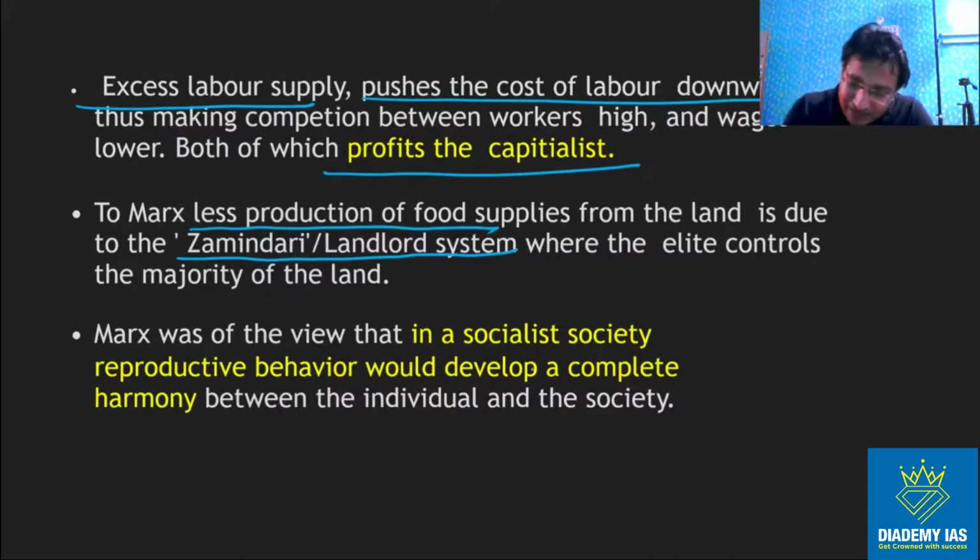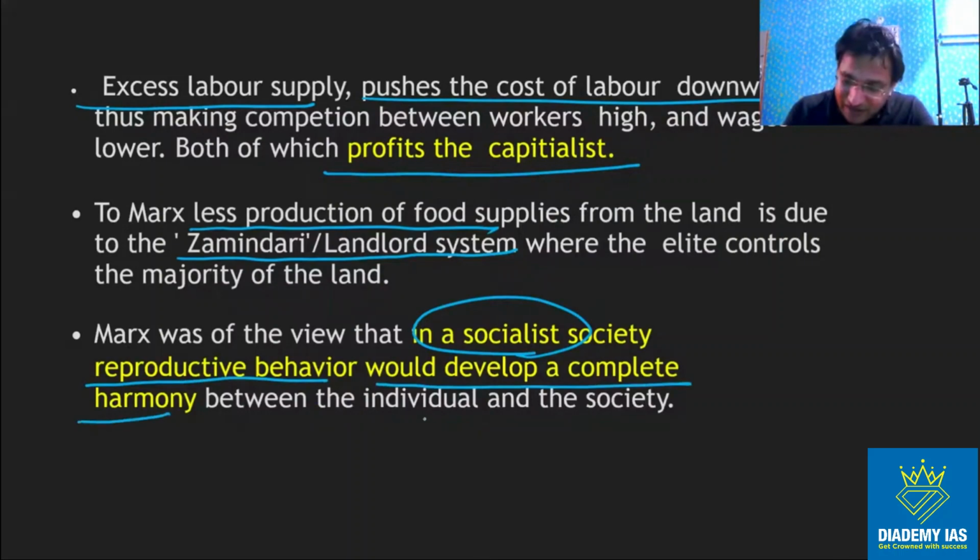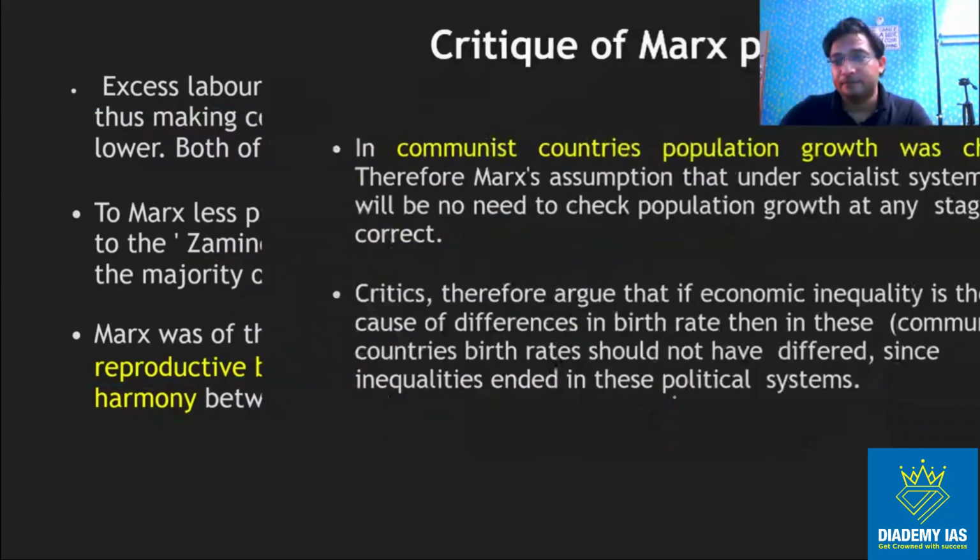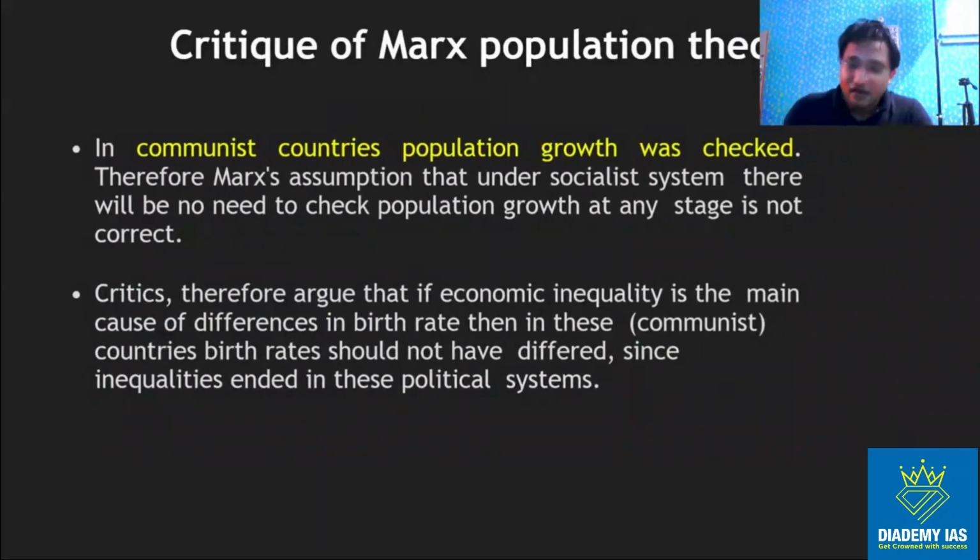Marx was of the view that in a socialist society, reproductive behavior would develop a complete harmony between the individual and the society. Critics: in communist countries, the population growth rate was checked by the government. Examples include countries like China.